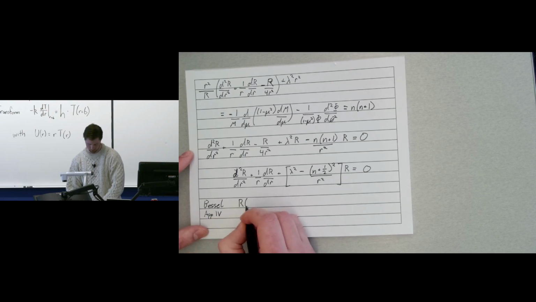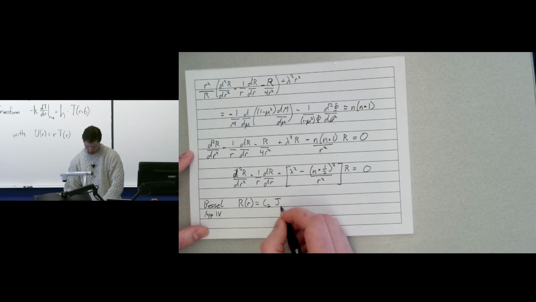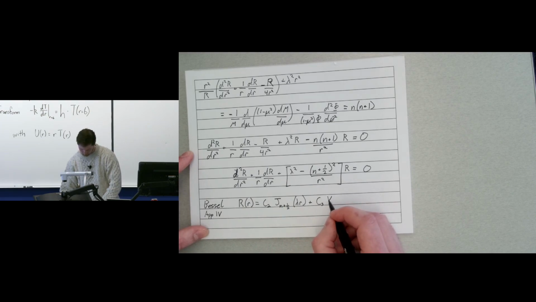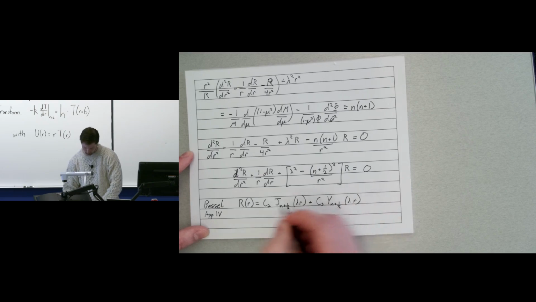So we can go directly to the solution: R is equal to C2 times our Bessel function of the first kind of order n plus 1/2 of lambda r, plus C3 times our Bessel function of the second kind of order n plus 1/2 of lambda r.